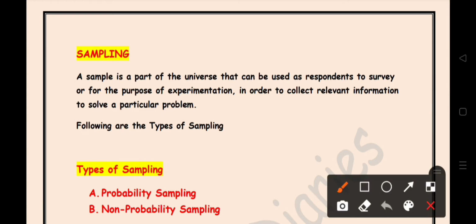So first we have to understand what sampling is. A sample is a part of the universe. It can be used as respondents to survey, or for the purpose of an experiment, in order to collect the relevant information to solve a particular problem.